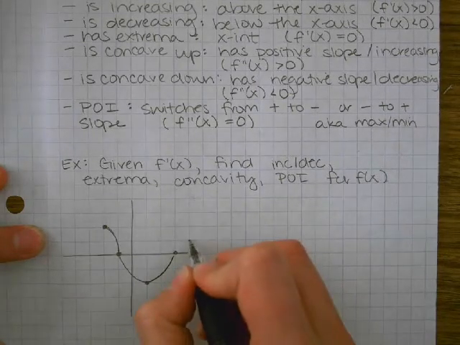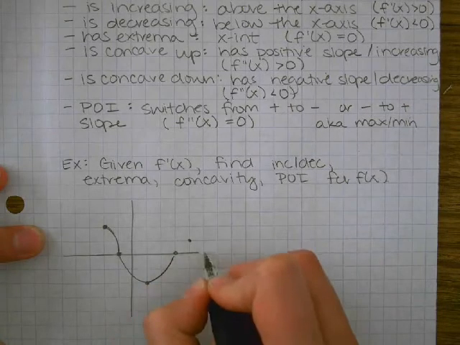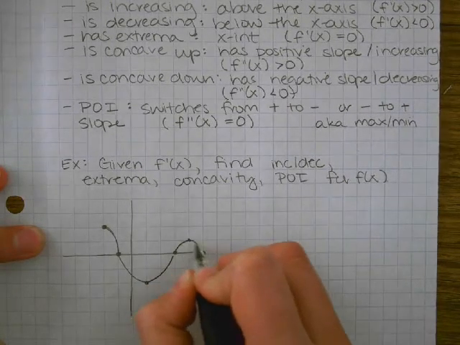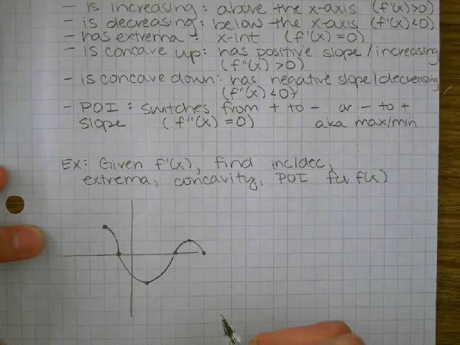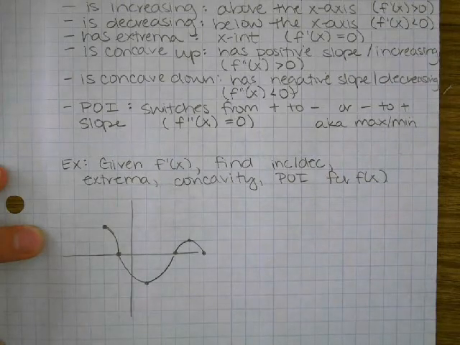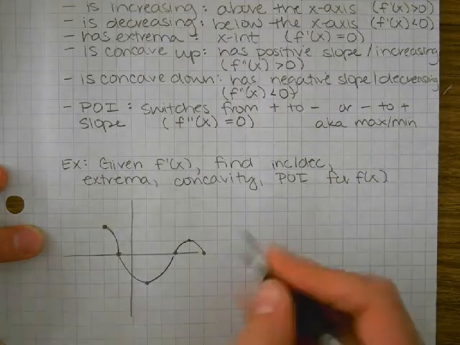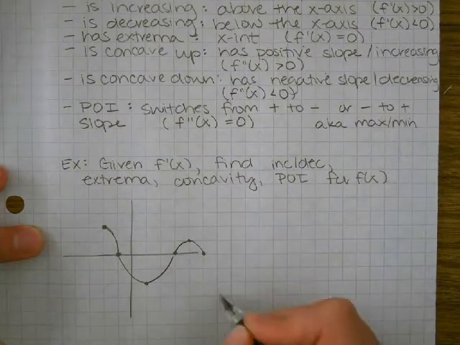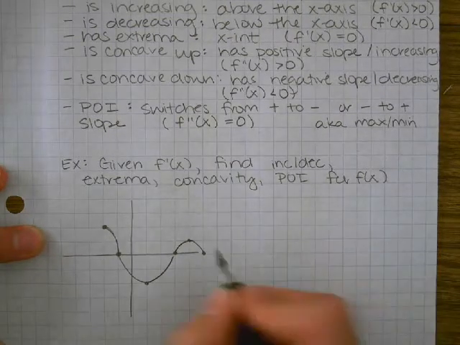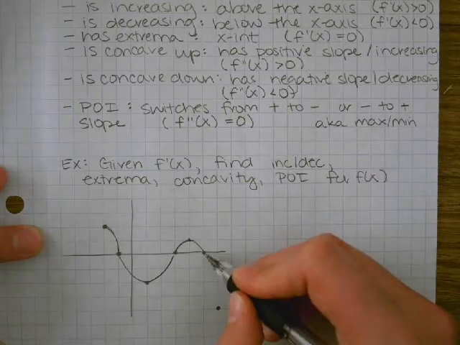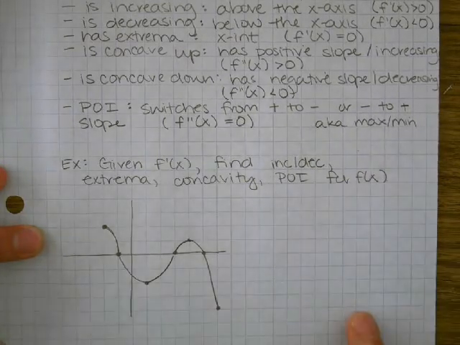And then we have the point 4, 1, and the point 5, 0. Looks like that. And then the point 6, -5. And the graph is going to go down like this and then stop.